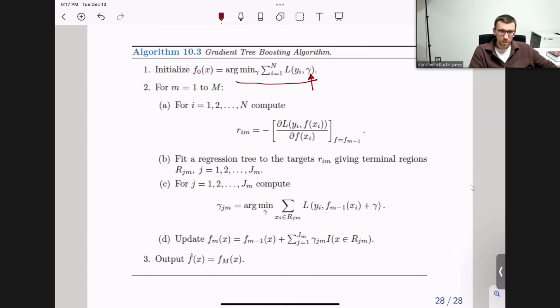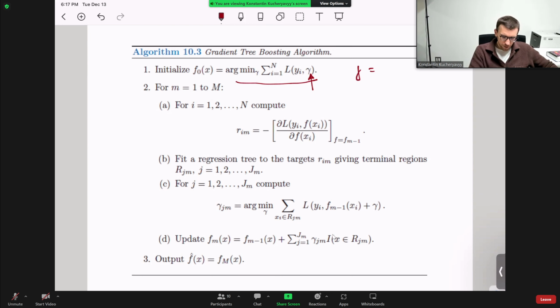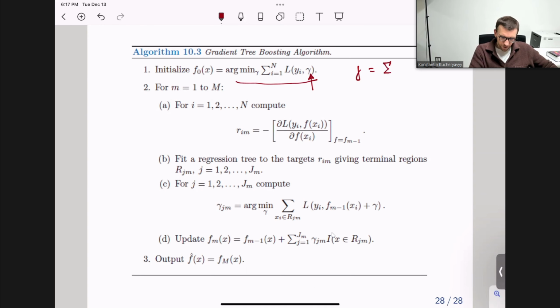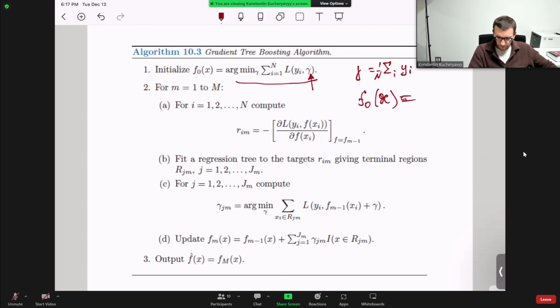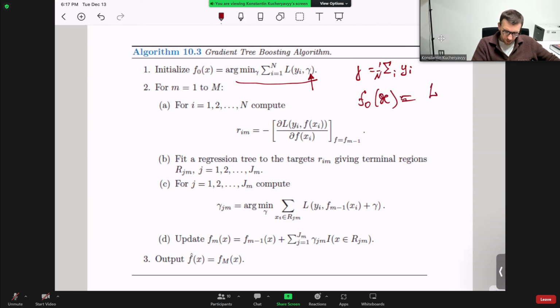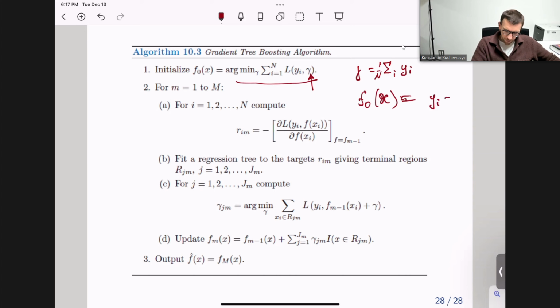For example, if it's a quadratic loss, then gamma will be the average value across all yi's, and f0 is going to be the minimizer of the loss, the sum of yi minus average y, squared.